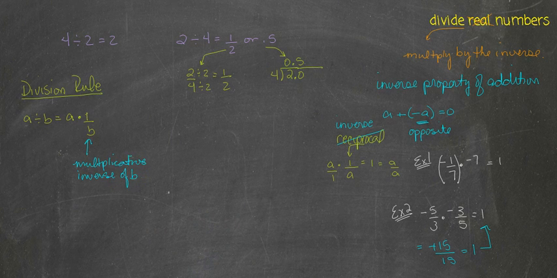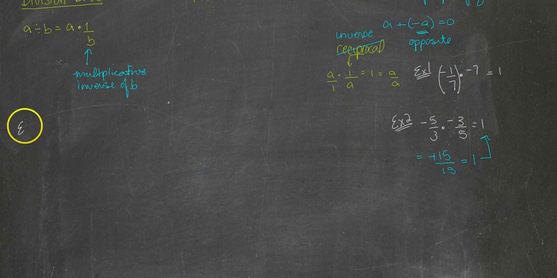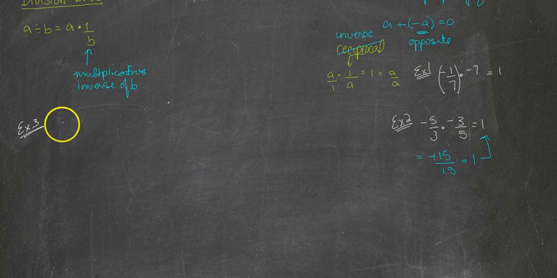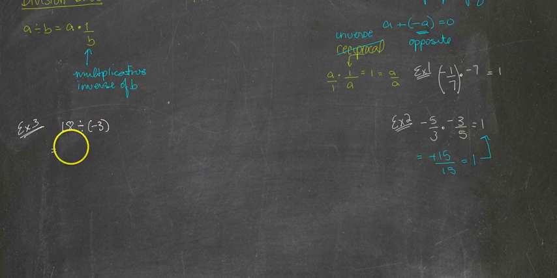All right, so let's put it all into action. Example 3: 18 divided by negative 3. In algebra, we convert this to 18 times the inverse, or the reciprocal, of negative 3, which would be 1 over negative 3.